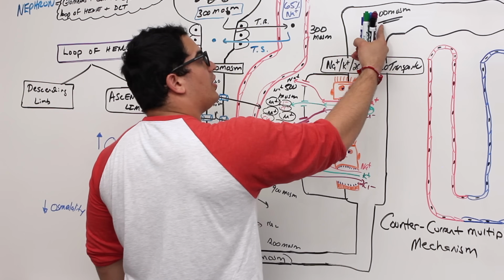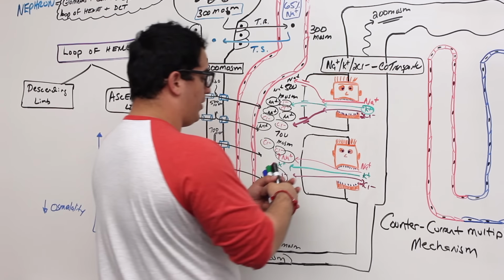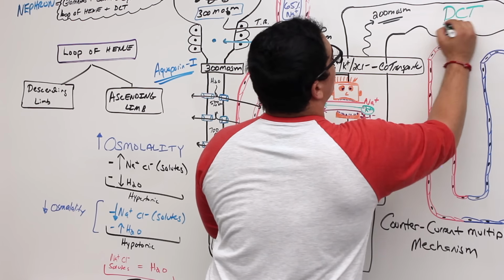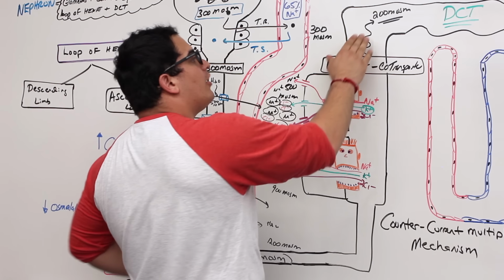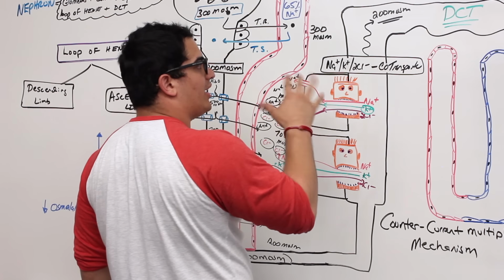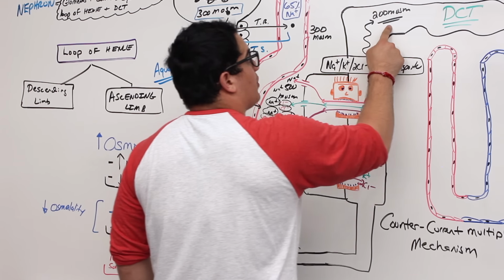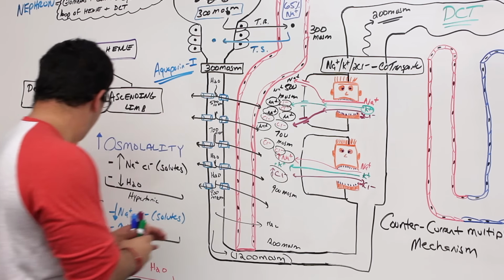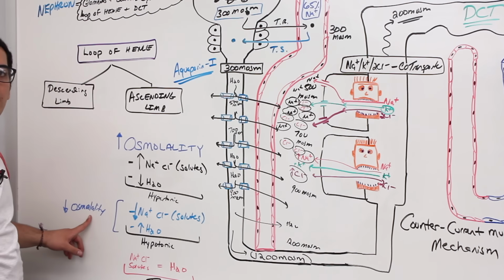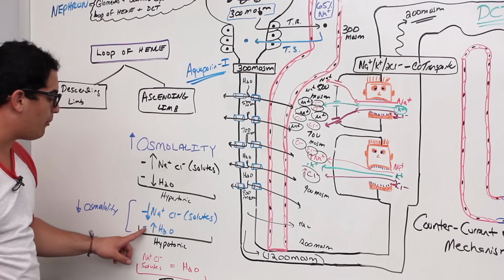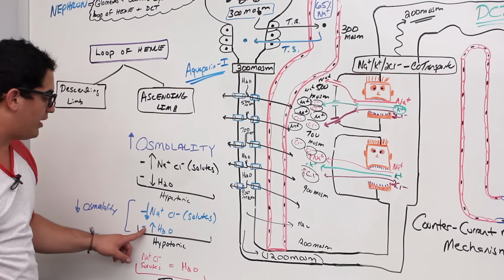So the osmolarity, when it gets up to this point here, which is called the distal convoluted tubule, it's a little bit less than 300 milliosmoles, about like 200, okay? What is that called whenever your osmolarity is really low? Let's look. If the osmolarity is really low, that means that you don't have a lot of solutes and you have a little bit more water in that area than you do solutes.